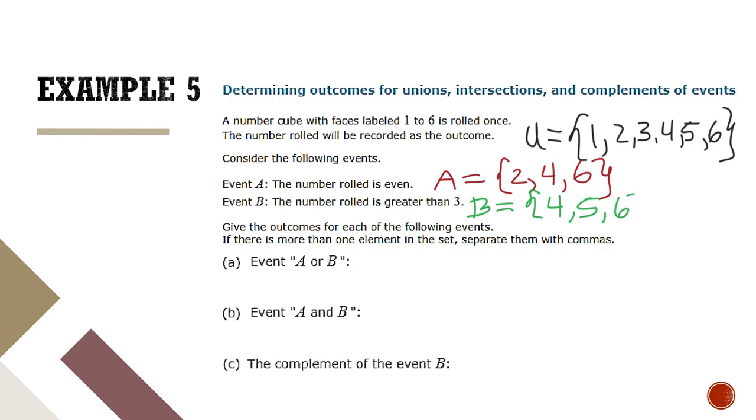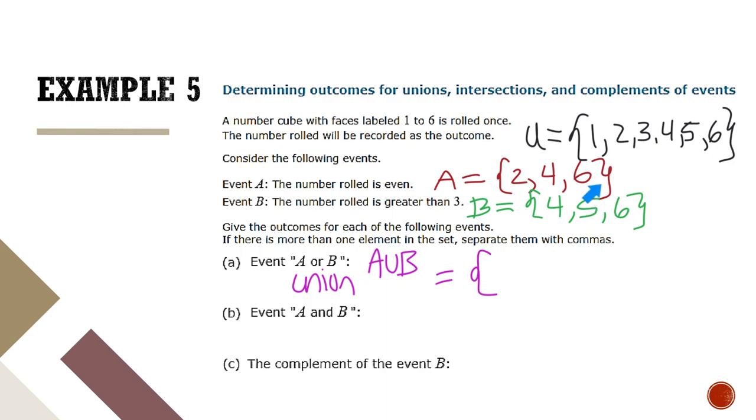So we need to write those down. If you're doing homework or a quiz or a test, you would want to write all of those down, showing work. Now I want A or B, which if you forgot is the union of them. So this is A union B. We'll put all of those elements together and we would get the full set of all of those numbers.